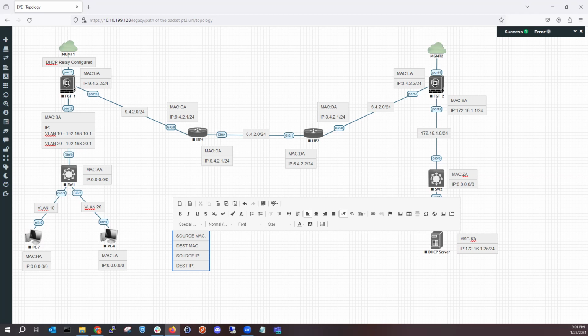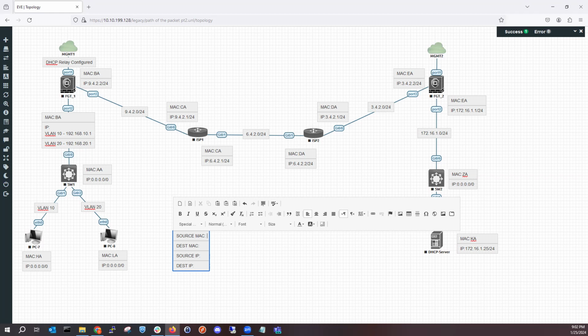Who's the destination IP? Okay. So the source MAC is BA.